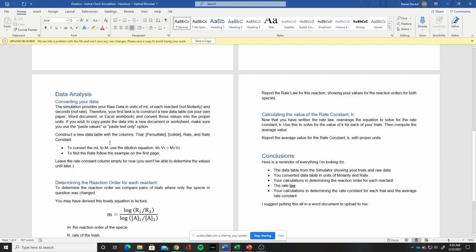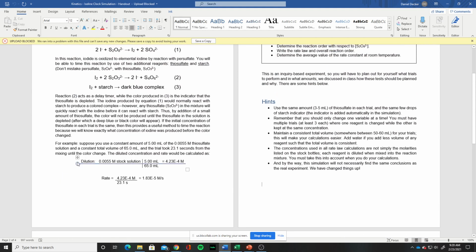So it says, construct a new data table with the columns trial, concentration of persulfate, concentration of iodide, rate, and rate constant. To convert mLs to molarity, use the dilution equation. To find the rate, follow the example on the first page. So it's talking about these here.